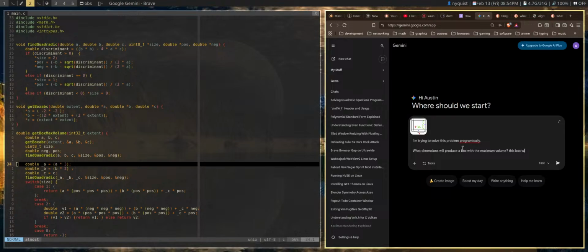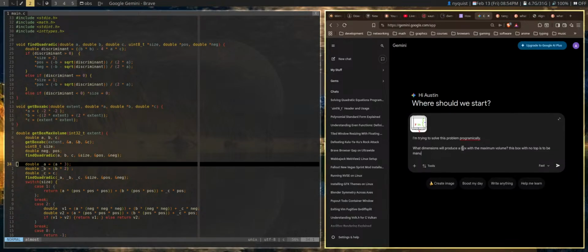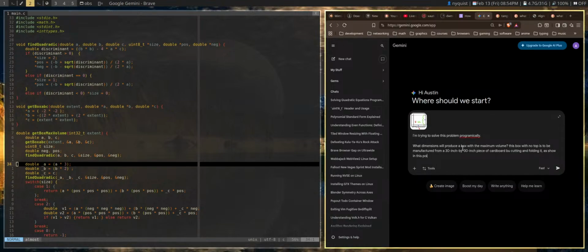This box with no top is to be manufactured from a 30-inch by 30-inch piece of cardboard by cutting and folding it as shown in this picture.